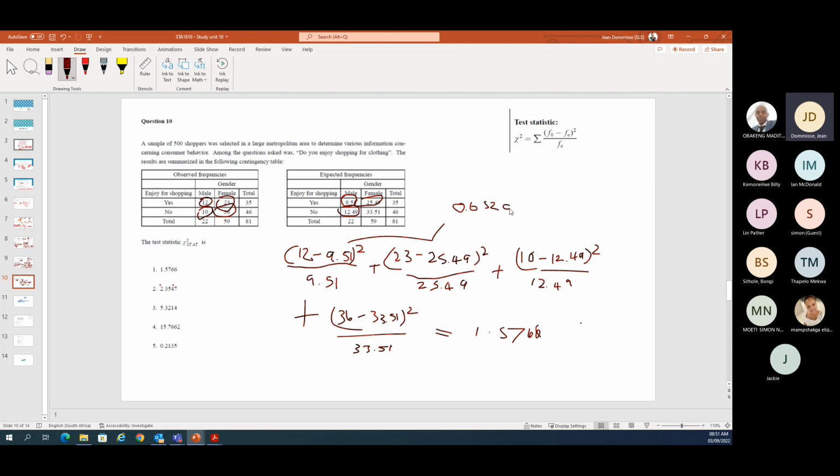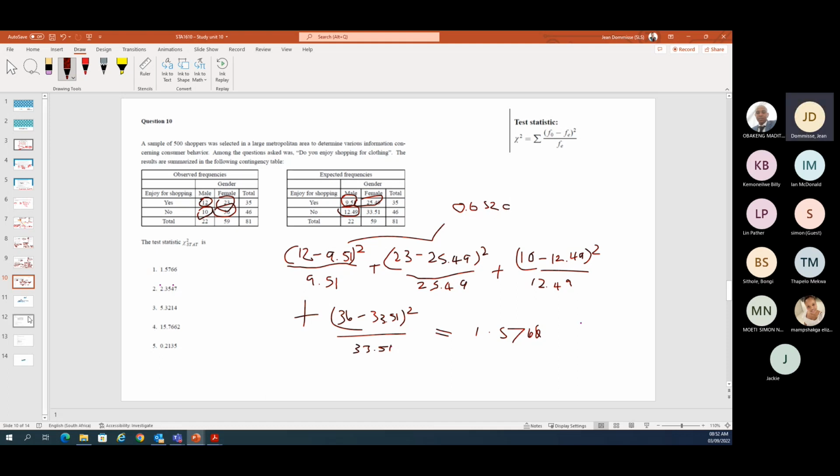So let's work that quickly out. So 12 minus 9.51, that is 2.49. And 2.49 times 2.49 is around 6.2. You divide that by 9.51, you get that answer.